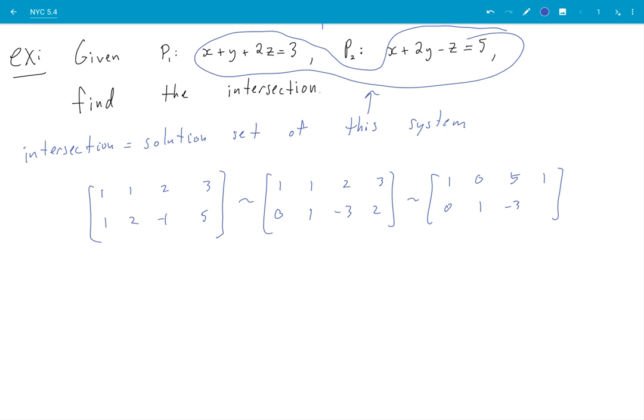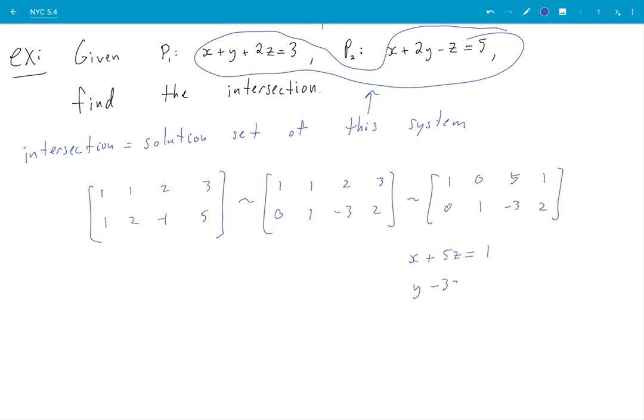And if I didn't make a mistake, then I'll be set. Always good to double check. Okay, so what does this tell me? It tells me that x plus 5z is equal to 1.